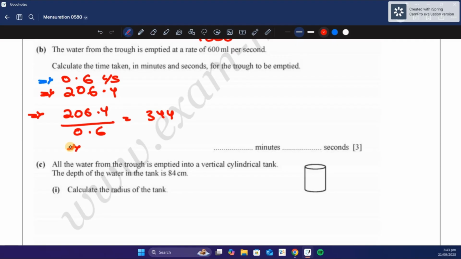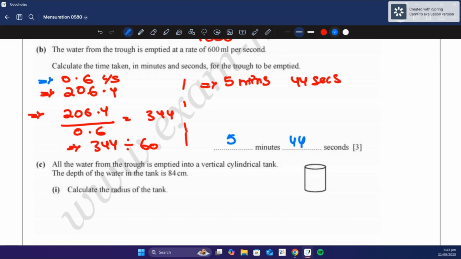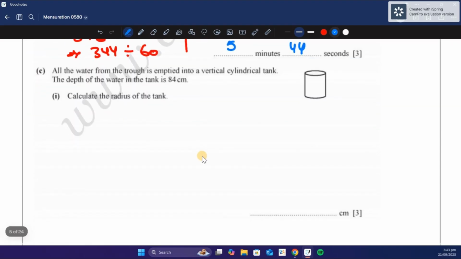We're going to simply divide it by 60, and that would give us a final answer of 5 minutes and 44 seconds. That's our final answer. Alright, perfect. Moving on.